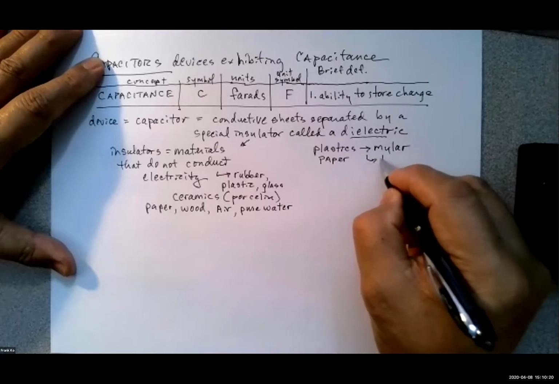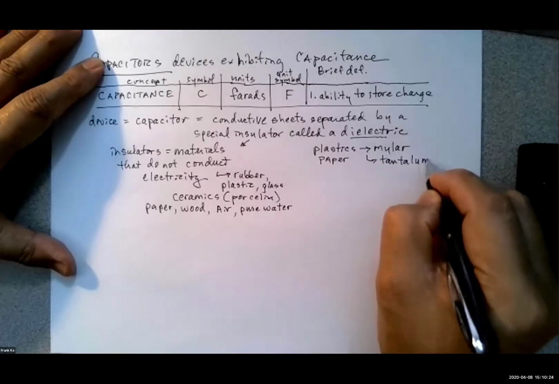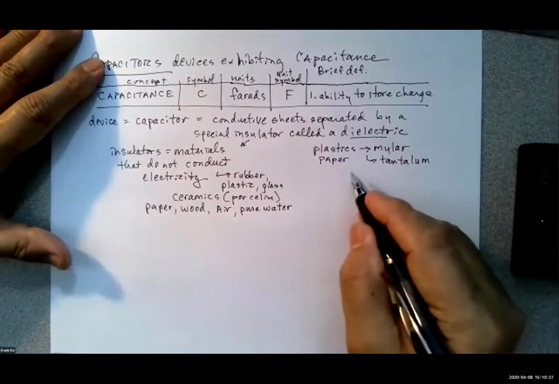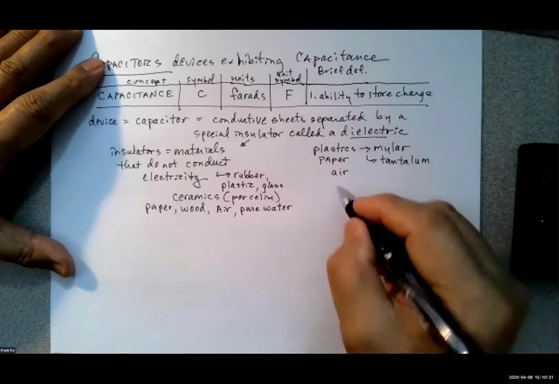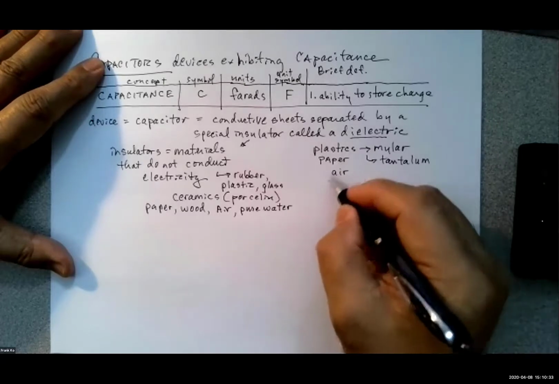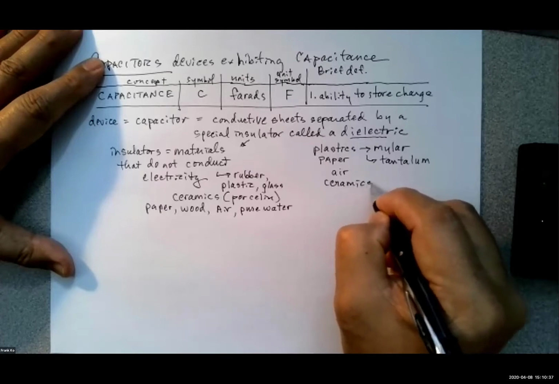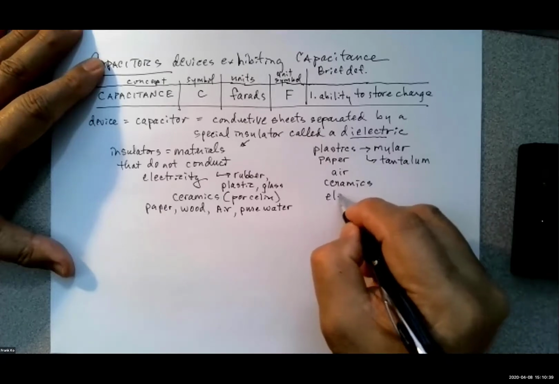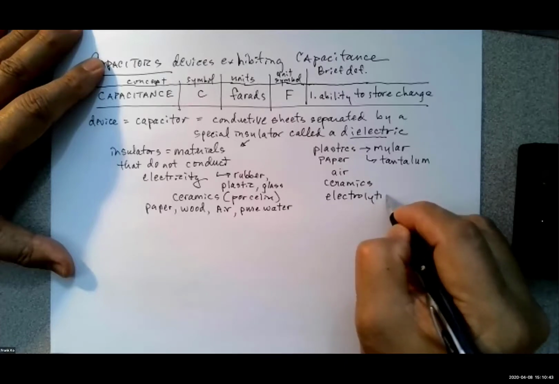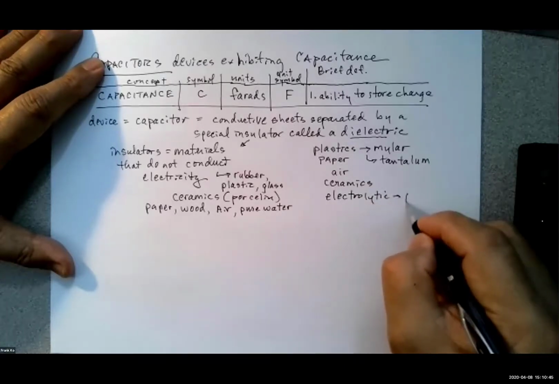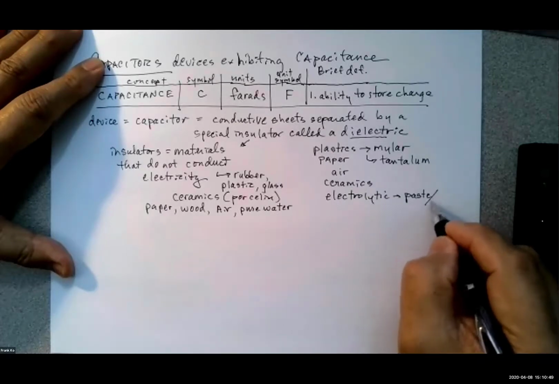Another type of plastic, tantalum, is another type of plastic material. So there's different kinds here. There's also air that's also used. Another one that's very popular is ceramics. And another one would be electrolytic. And that is a paste, and often with paper.